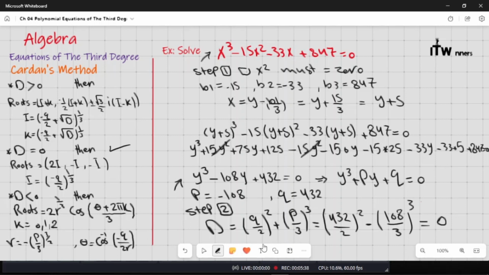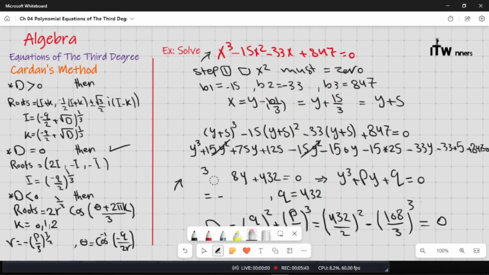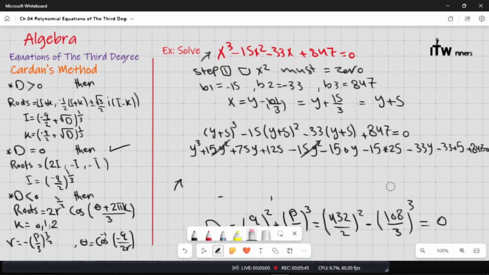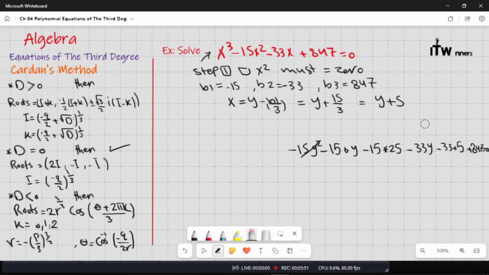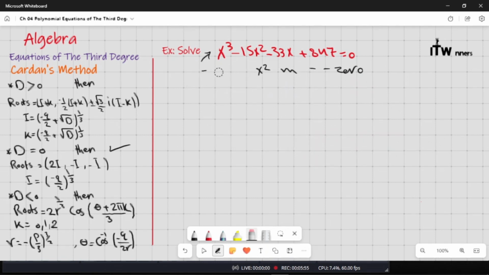So we will clear that and rewrite our equation of y.